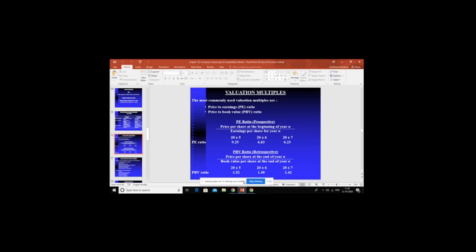Even these two can be compared over a period of time, like when it got listed or when it started. Maybe it issued equity at that time, what was the ratio, and now in current period what is the ratio and what is the difference. Okay, based on that even you can decide.